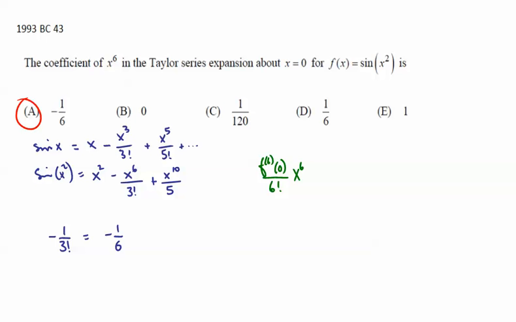And in this case, if you were trying to solve for the sixth derivative, then you would have to take the sixth derivative at 0 over 6 factorial and set it equal to what we had, which was negative 1 over 3 factorial. And you'd have to go through here and solve for the sixth derivative.